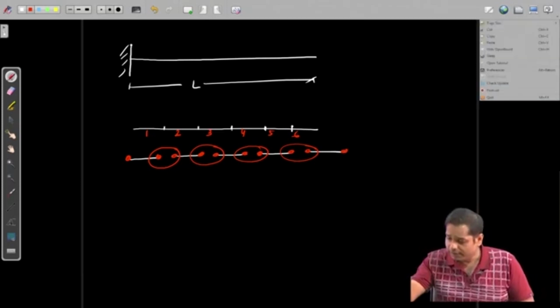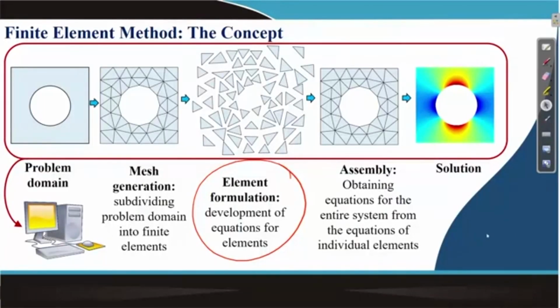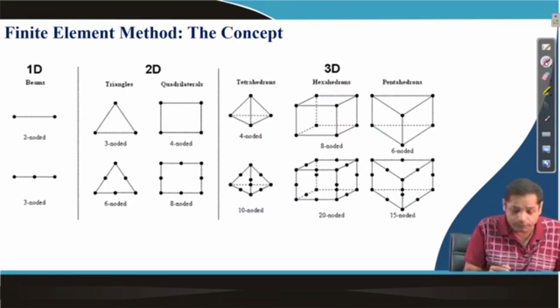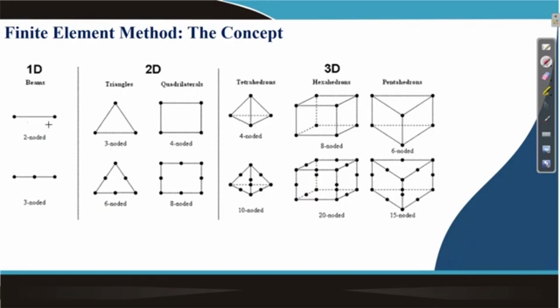Now let me give you some examples of different kinds of elements we have in the element library, though this is not all. For a 1D problem, the element I just showed you is a two-noded element, because it has two nodes.